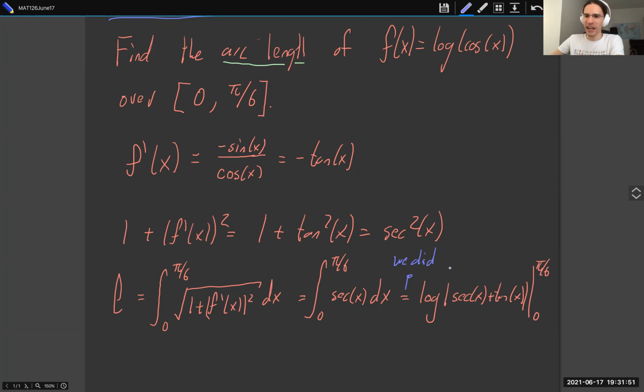I would have hoped not to quote the results, but I made a mistake in my notes. I forgot to take the square root, and then I just said, oh, the integral of secant squared, it's tan. And no, we have to do the integral of secant, and then you get this expression. Sorry that I have to quote this from before.